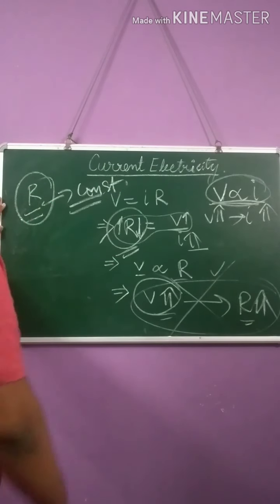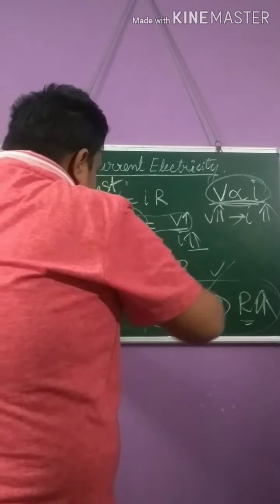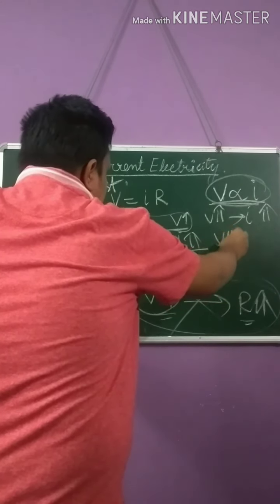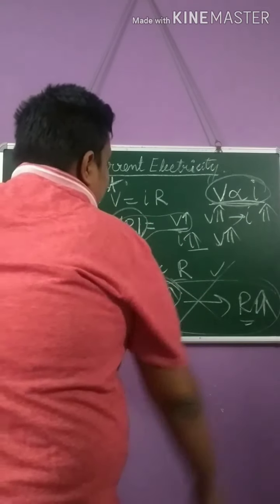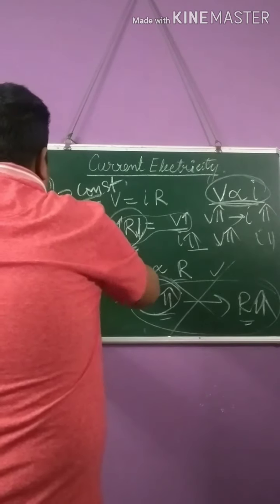You cannot sense resistance by sensing the current in the circuit. The concept is a little deeper. When you increase the potential difference, the current will also increase, and ultimately the V by I ratio will remain constant.